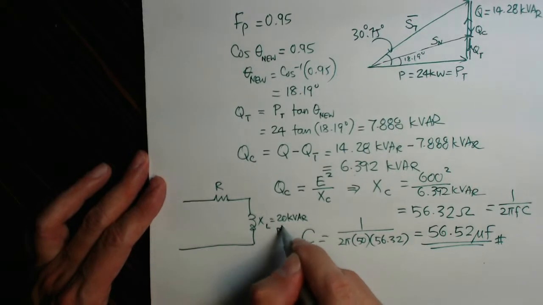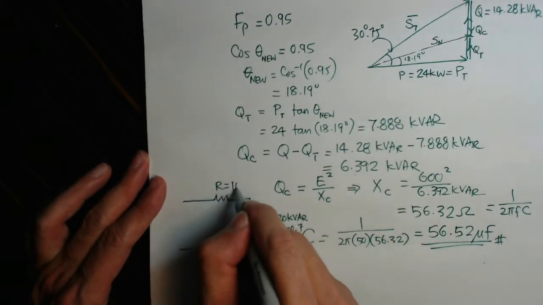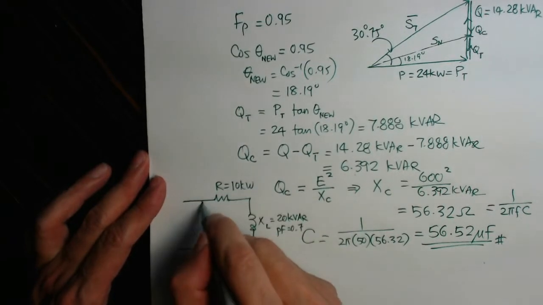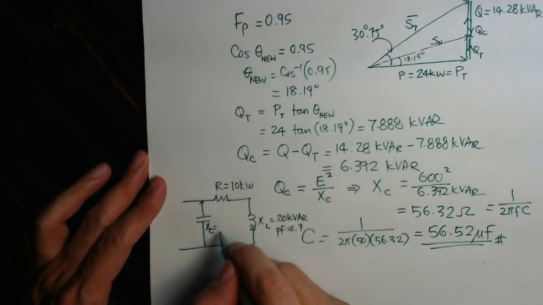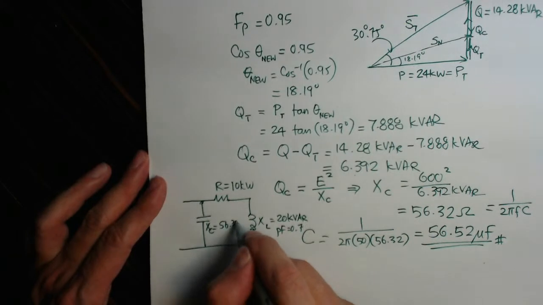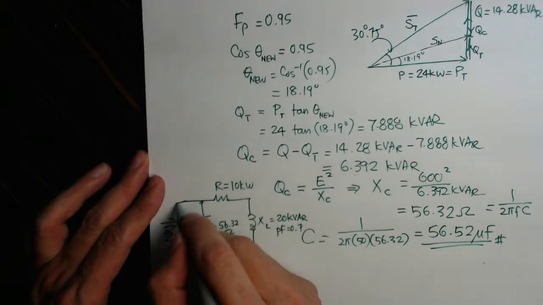The power factor is 0.7 and this is 14, this is 10 kilowatt, right? Then I need to add a capacitor across here with XC equal to 56.32 ohm in order to improve the power factor.